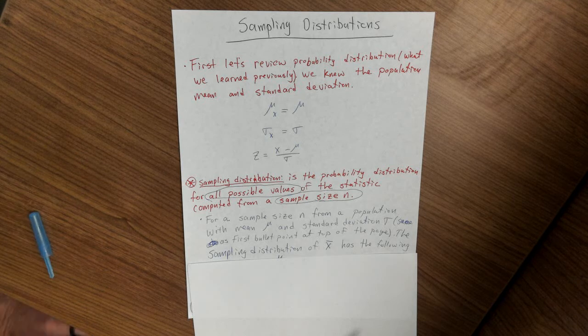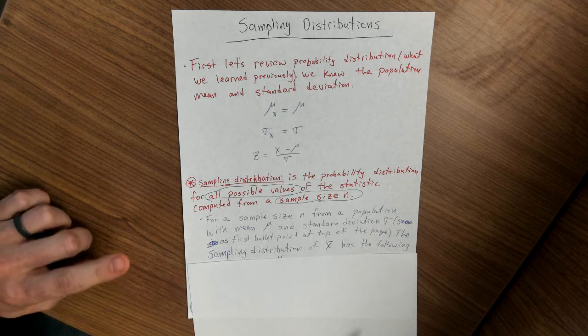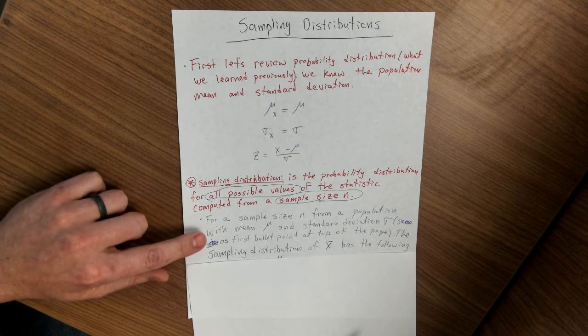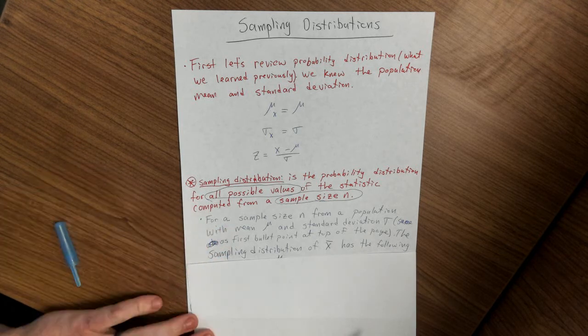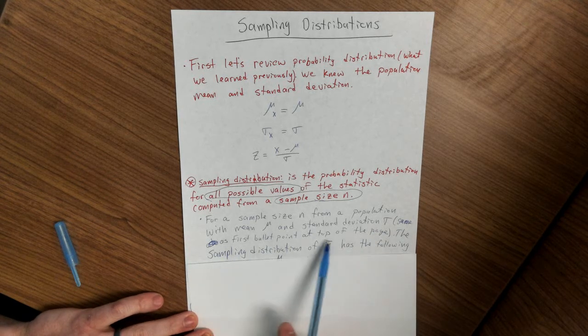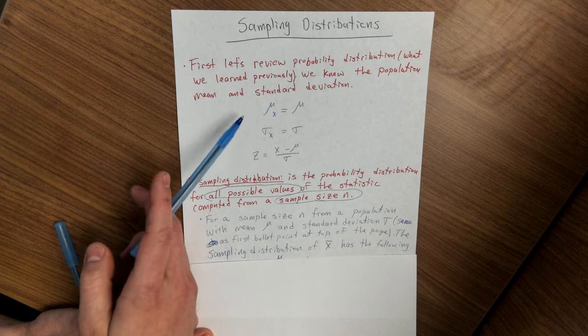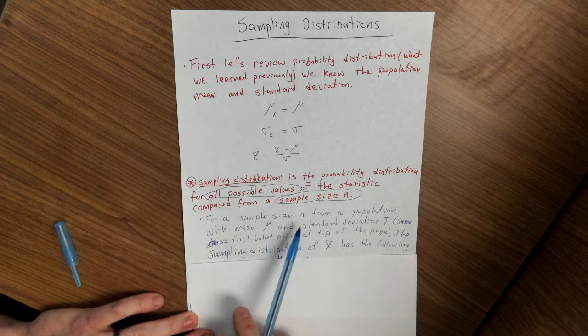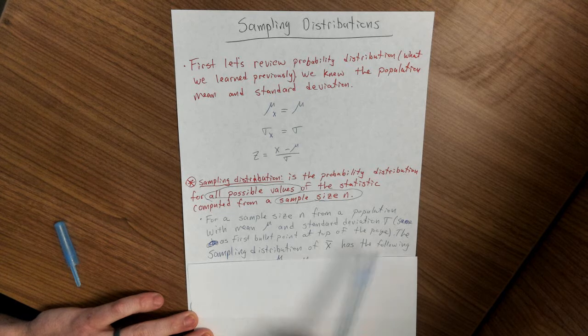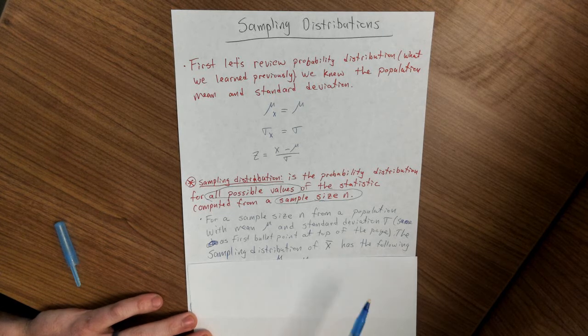So for a sample size n, that's the key here to know you're dealing with a sampling distribution. You have a sample size n with a mean of mu and a standard deviation sigma. That's the same as the first bullet at the top of the page, meaning up here. So far we're exactly the same, but now we threw in this n. The sampling distribution of x bar has the following.